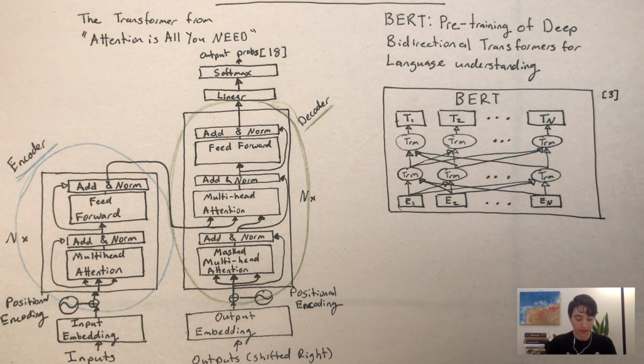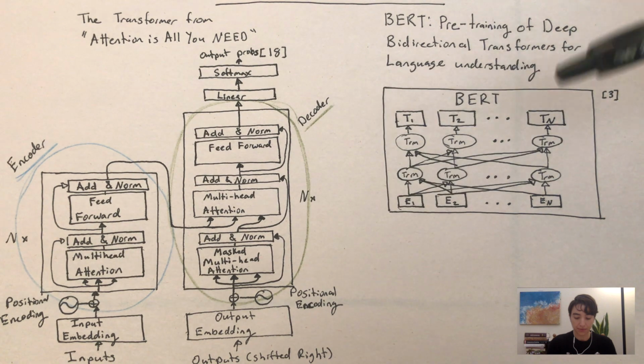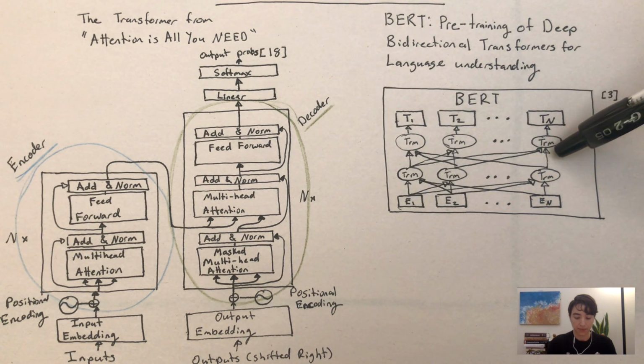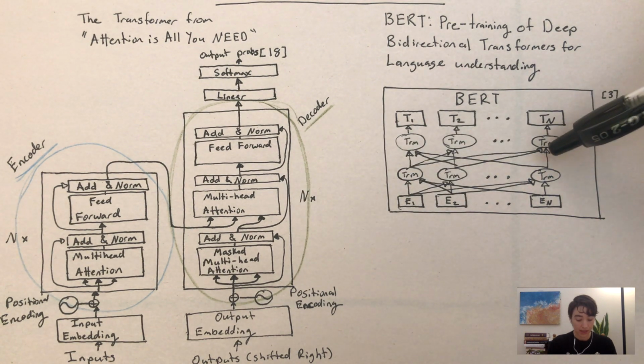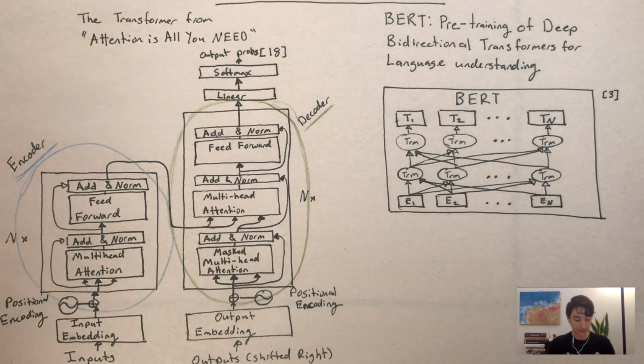But how is this transformer different from this transformer? What makes this transformer different, even though we still call it a transformer, and even though we still talk about attention, as you'll see in the literature, is something a little strange.